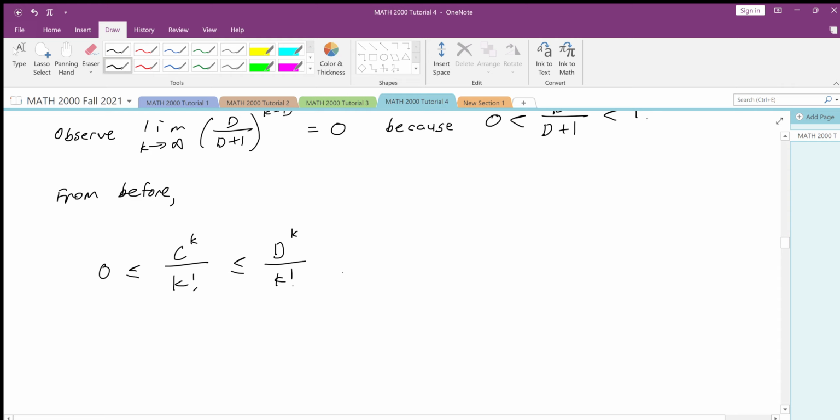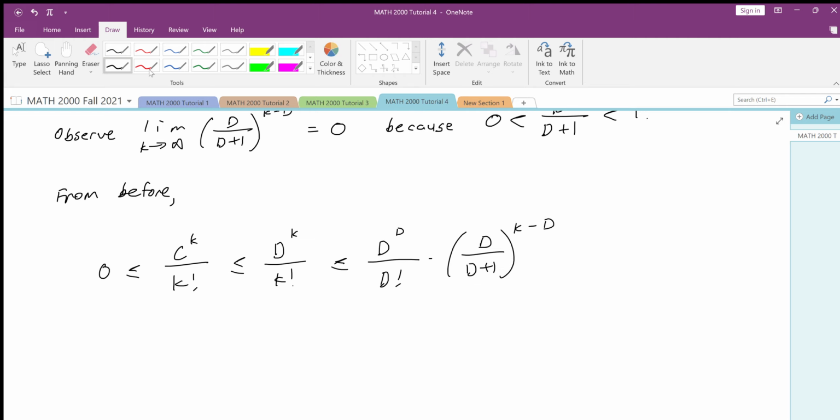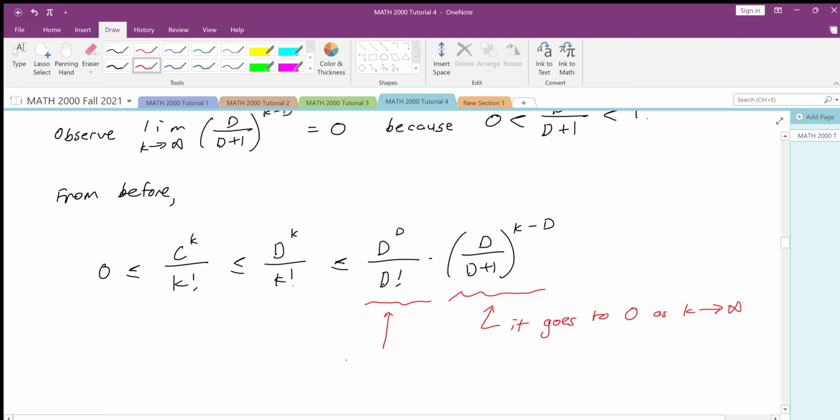And then we saw that d to the power k over k factorial is less than or equal to d to the power d over d factorial times d over d plus 1 to the power k minus d. So we know that this portion goes to 0 as k goes to infinity. This portion here is just a scalar. It's just a scalar.